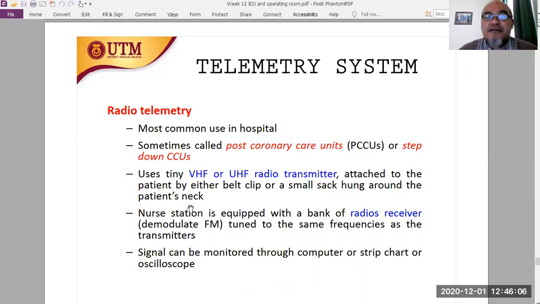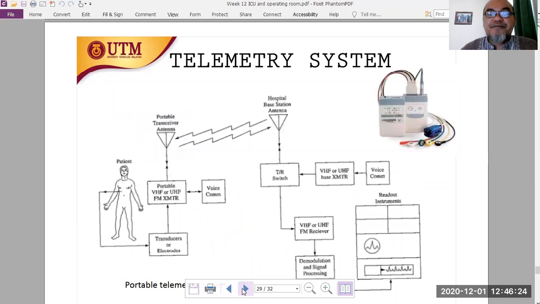But normally now I think it uses internet protocol, IP, Wi-Fi or something like that. The station is equipped with a bank of radio receivers. They modulate FM, tuned to the same frequencies as the transmitter. The signal can be monitored through a computer or strip charts or oscilloscope.